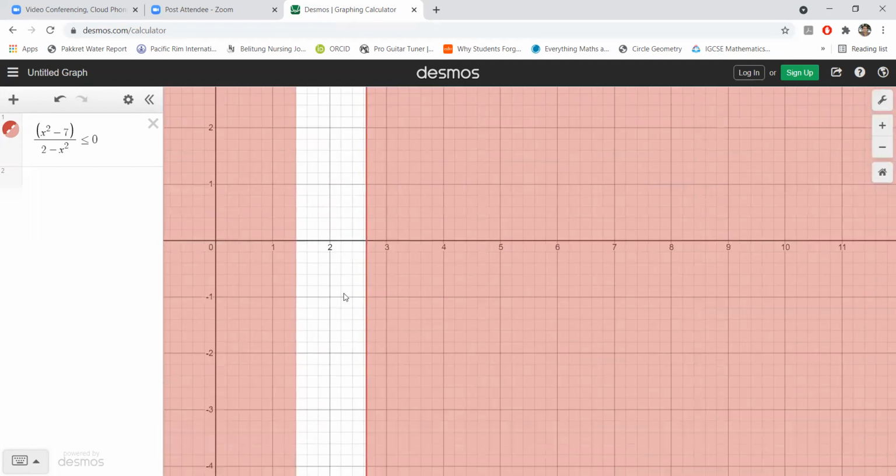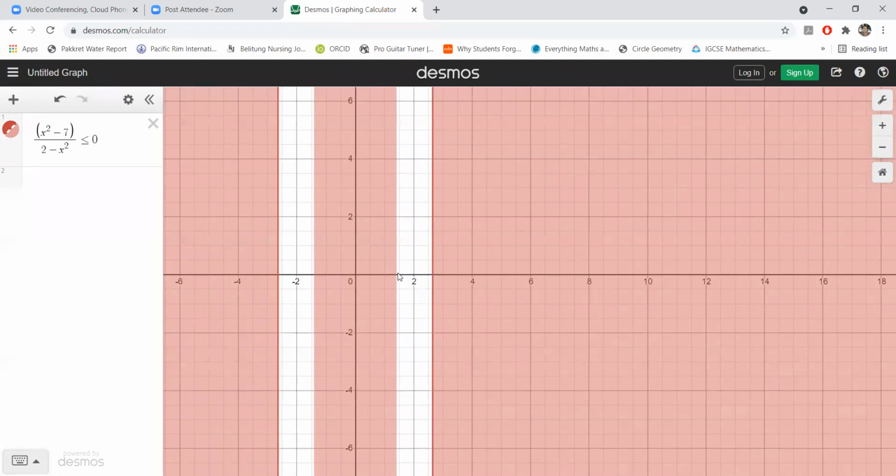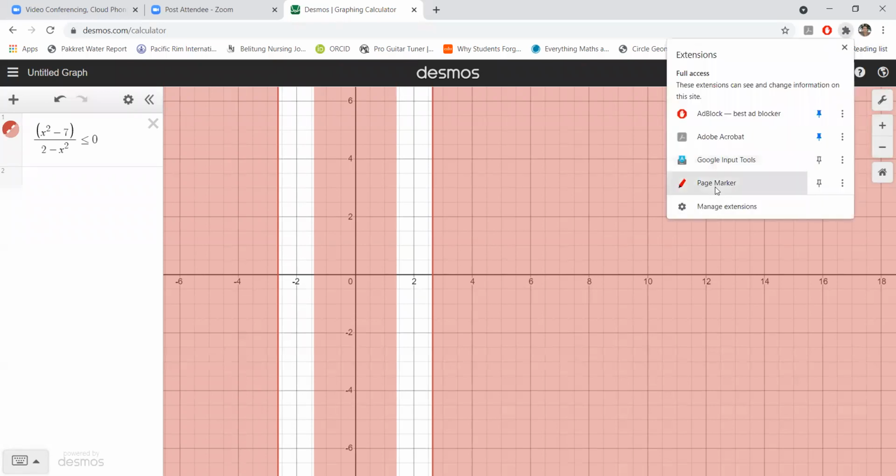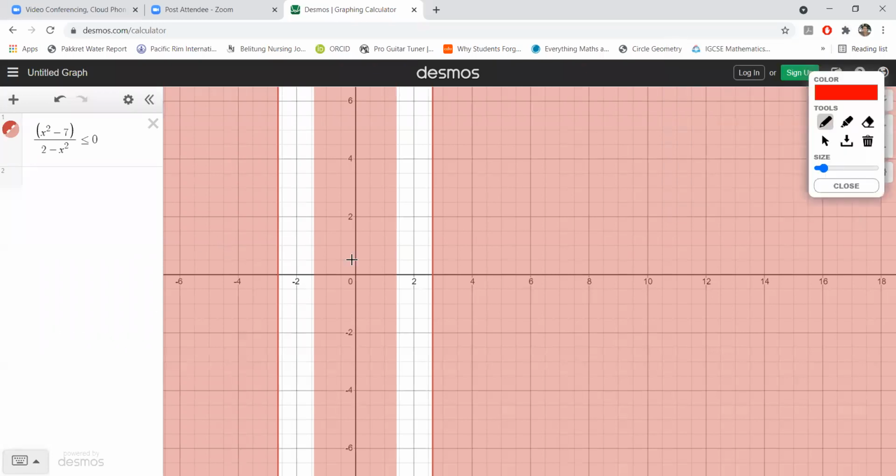So you might find this point is going to be your root 2, where my arrow is, let's mark that. So you can use this program to solve them. That's just what I'm saying. So this here is root 7. And that there is your root 2. This here is minus root 7.